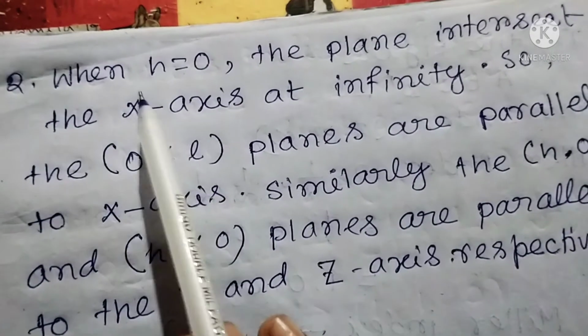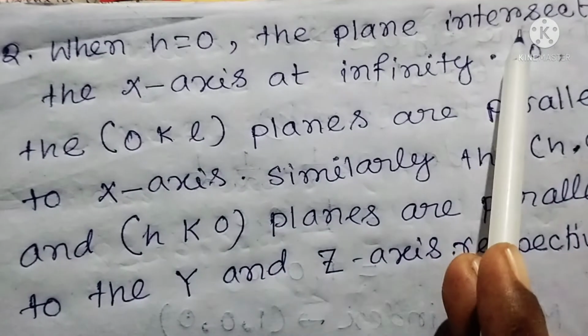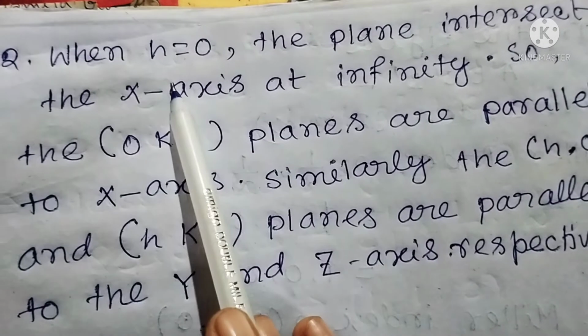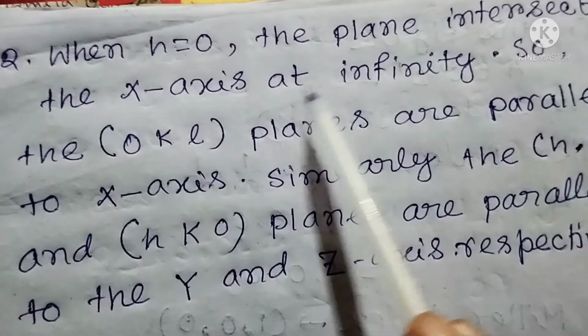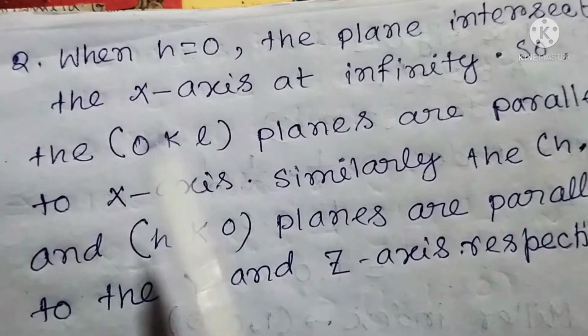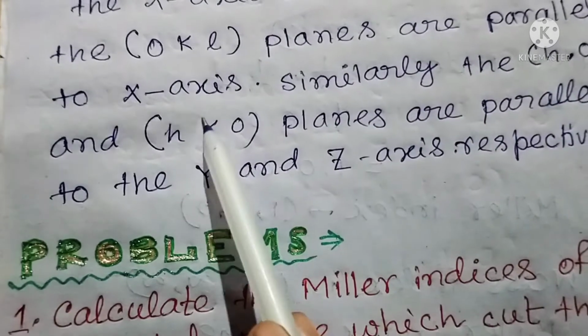Next important note is, when h equals 0, the plane intersects the x-axis at infinity. So, for 0kl, the 0kl planes are parallel to the x-axis.